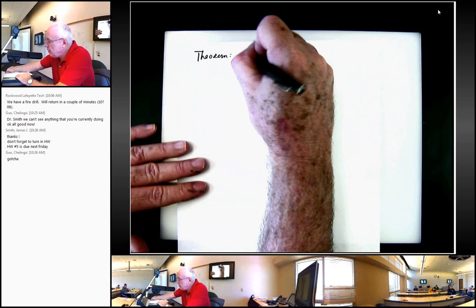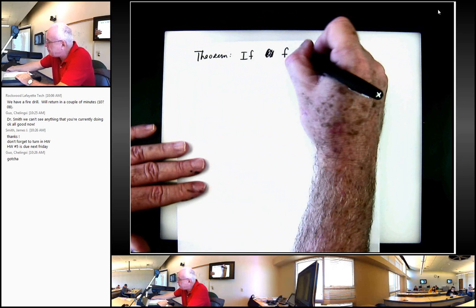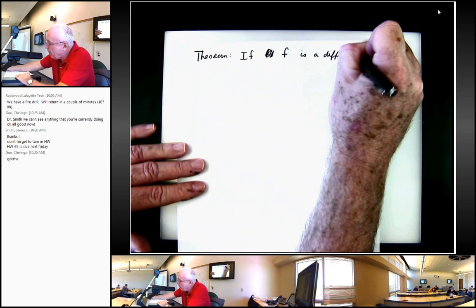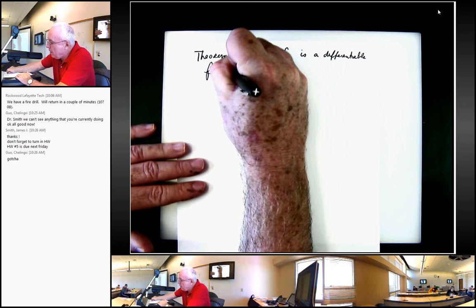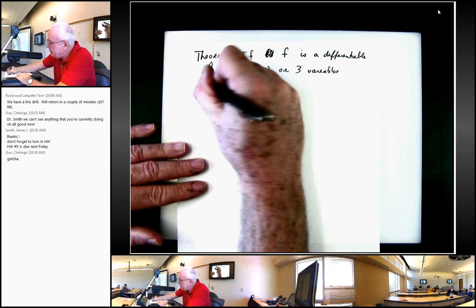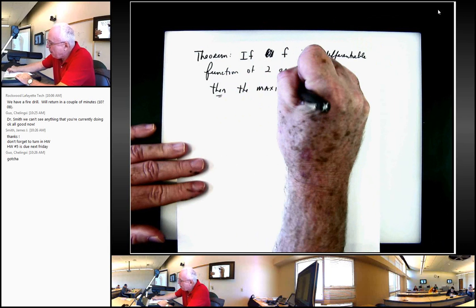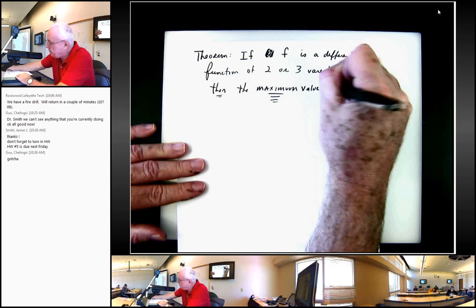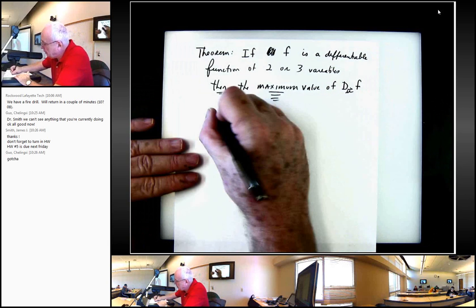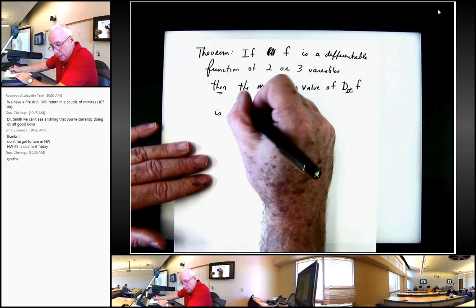So if f, because this can be a function of 2 or 3 variables, if f is a differentiable function of 2, or we can even look at 3 variables, then the maximum value of this directional derivative is, first of all, the magnitude of the gradient.